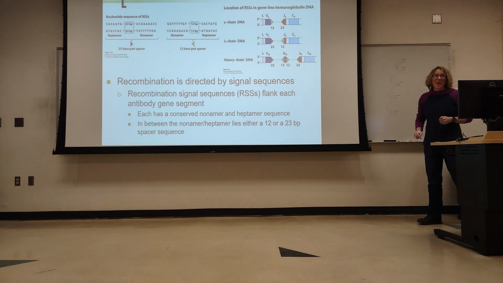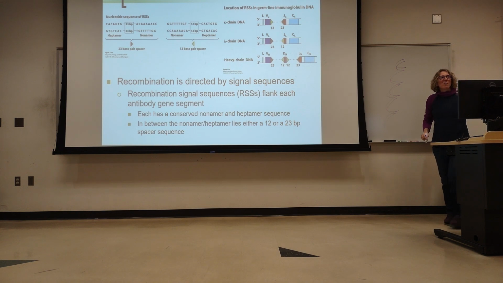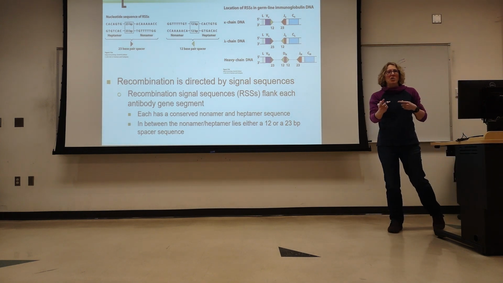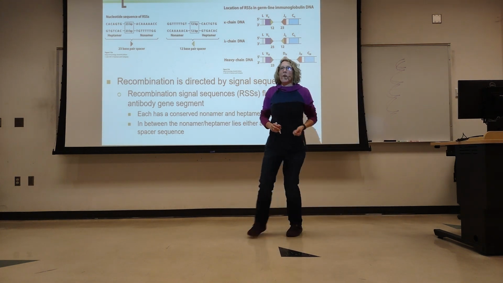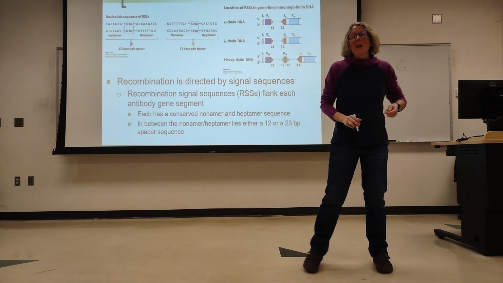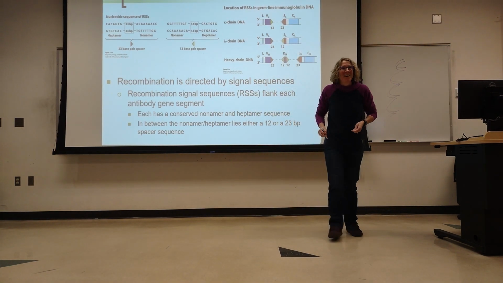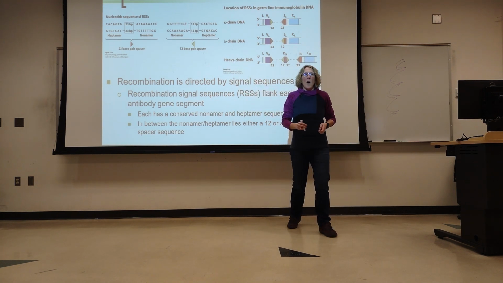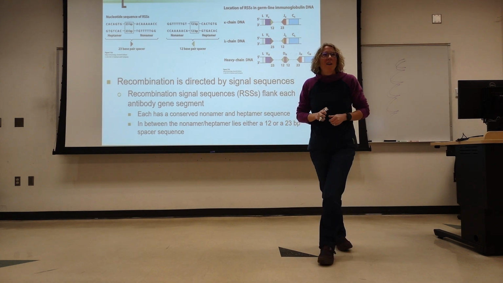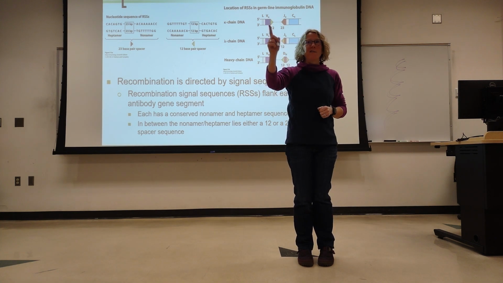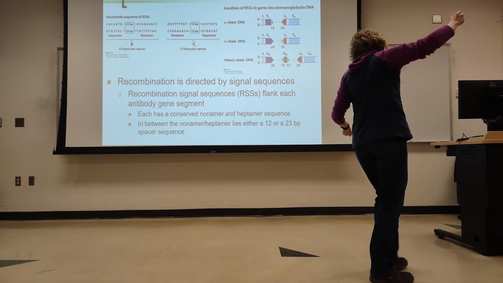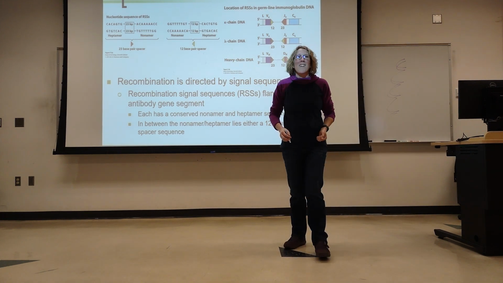Now I know my picture's terrible, but do we remember anything about repeating structural units? DNA is a staircase, all the way around. There's something special about 23 and 12, or one single turn, one rung. Major groove, minor groove.